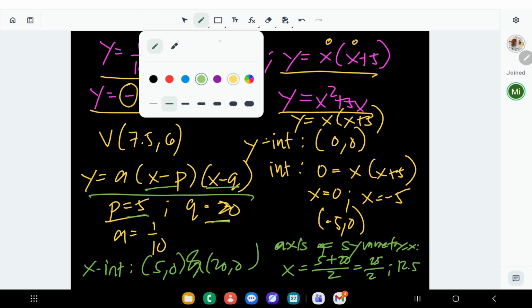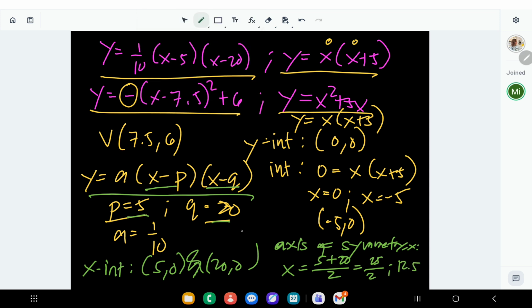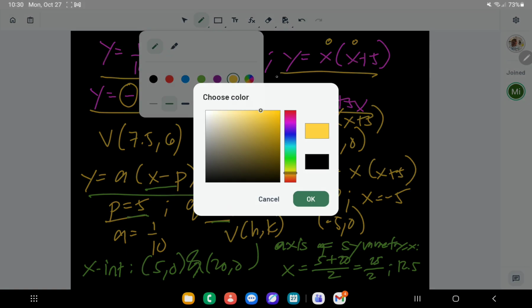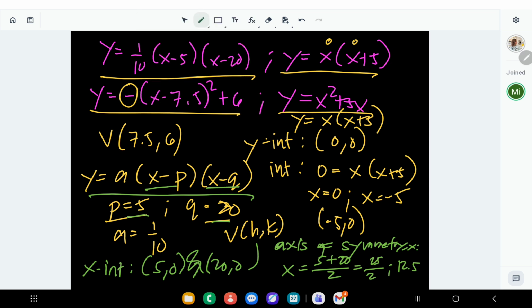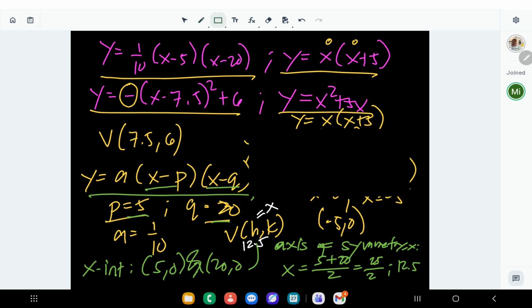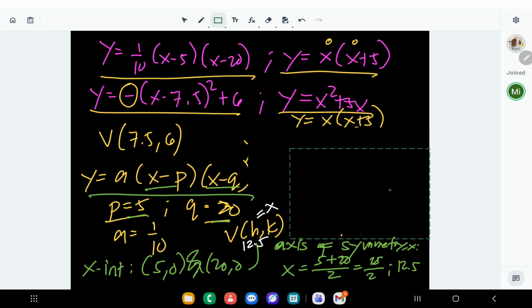And recall that the vertex is (h, k), right? H is equal to the axis of symmetry. So h here is equal to 12.5. Still remember that? Okay, let me delete this first. So we already have the x-intercepts 20 and 5.